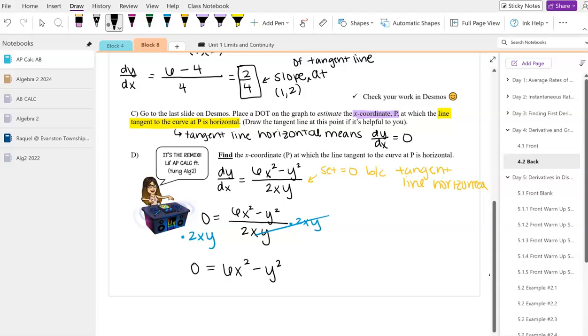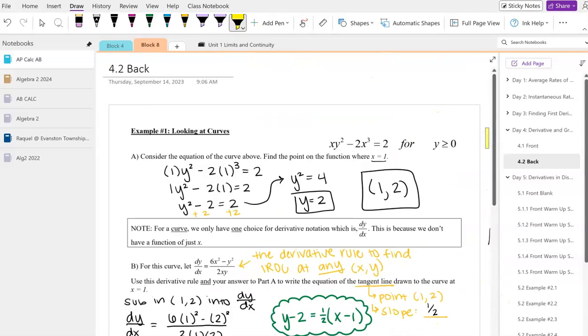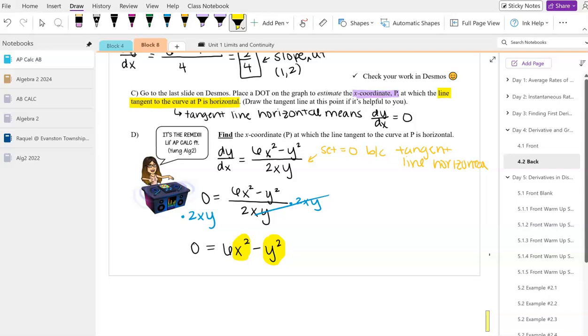Now I'm looking at this equation, and I've got an x squared and a y squared, and I want to look at my original curve. I don't have an x squared. I have an x cubed. But I do have a y squared. Since I have a y squared in my original curve equation, and now I have a y squared here, I want to isolate y squared.